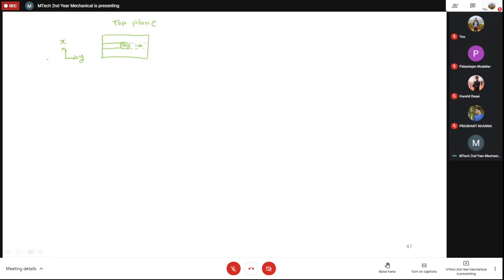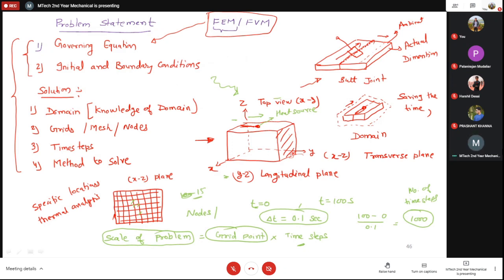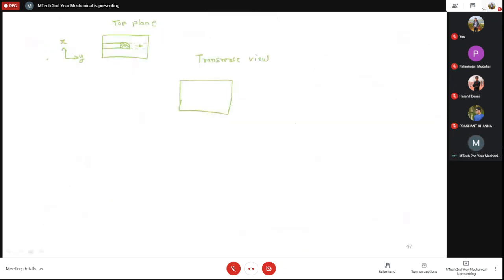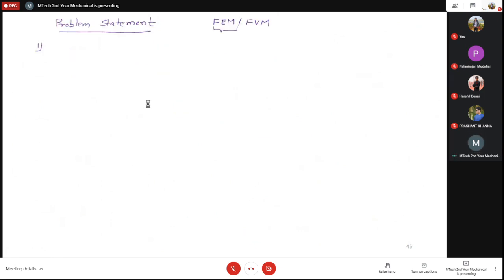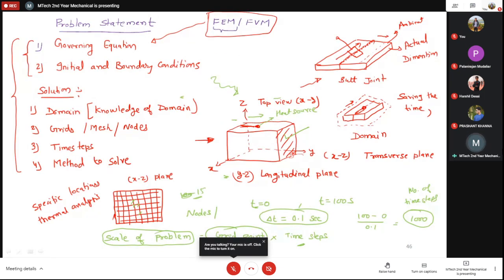If we speak about the transverse view, it will be here. Let's say we have sectioned the plane here.